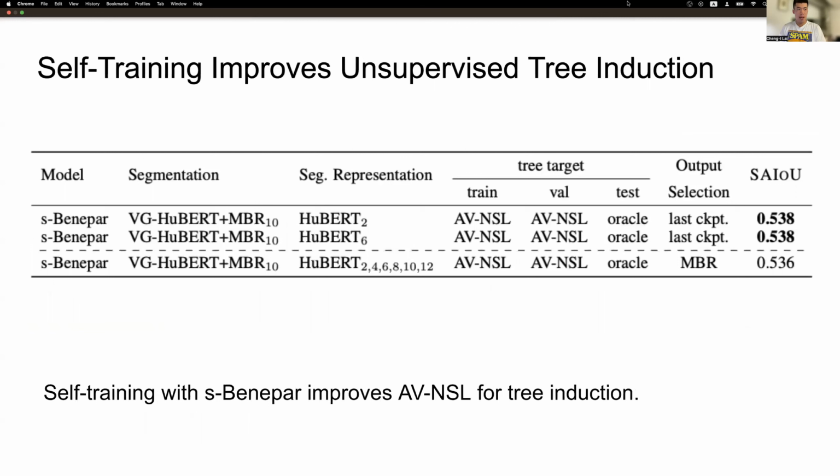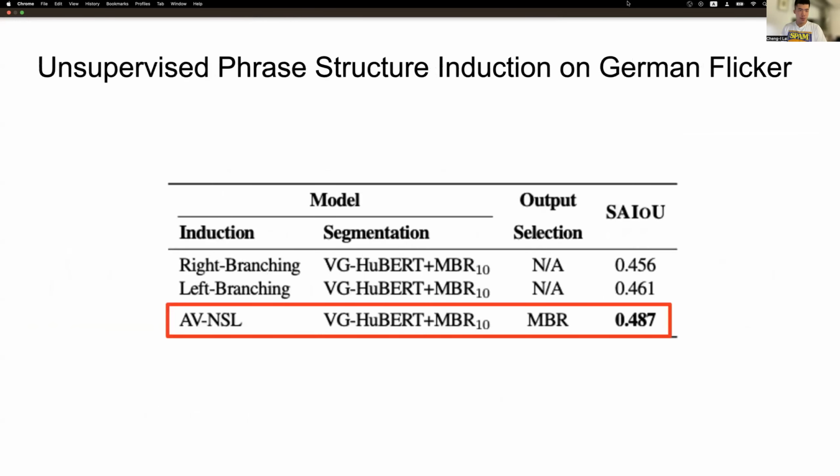We also show that self-training further improves AVNSL for tree induction. The last table here is on tree induction in German, on German Flickr. Because German is neither right branching nor left branching, we see that AVNSL is very effective here compared to the trivial tree baselines.